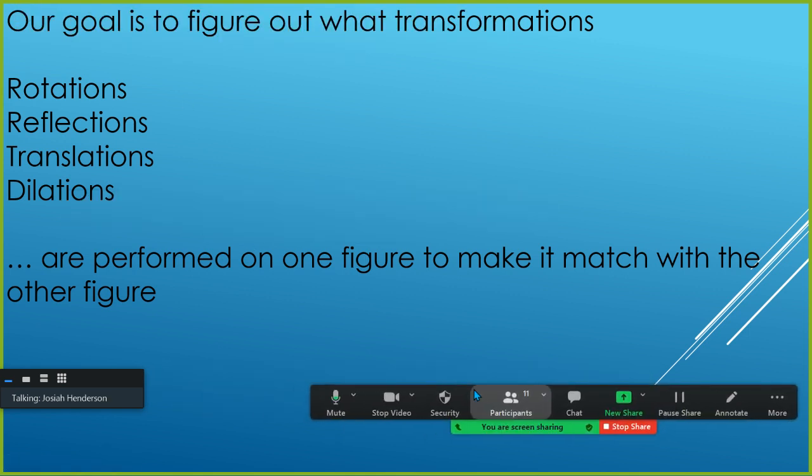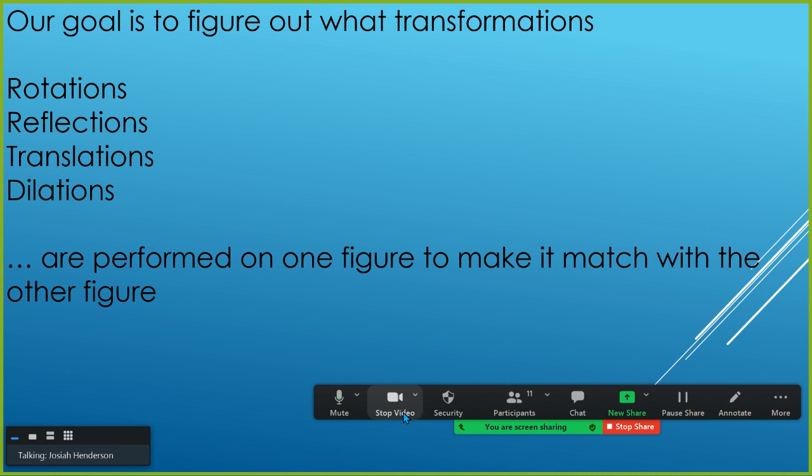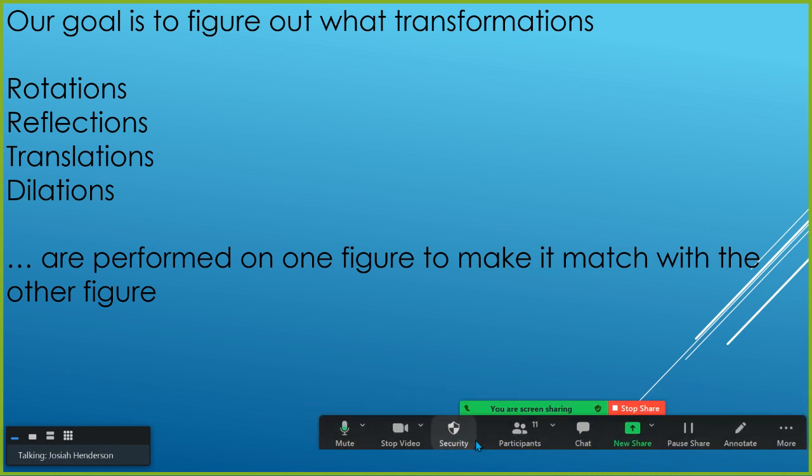Now I want to reiterate our goal for today, and then I want to look at the activity that they gave us in Edmentum. So we're going to do some more GeoGebra work like we did yesterday to get some practice using all four of these. Our goal today for this whole lesson is to be able to figure out what transformations out of these four options we use to make one figure match with the other figure.